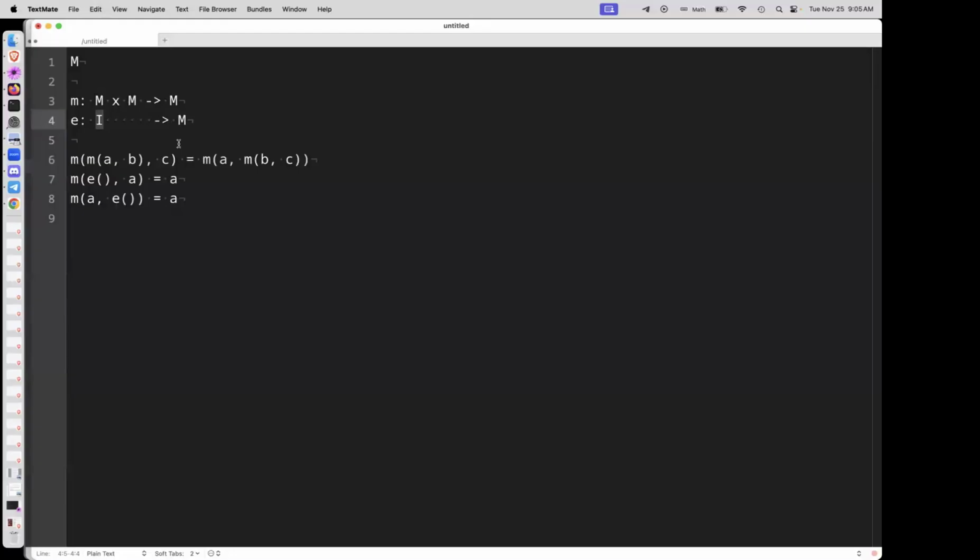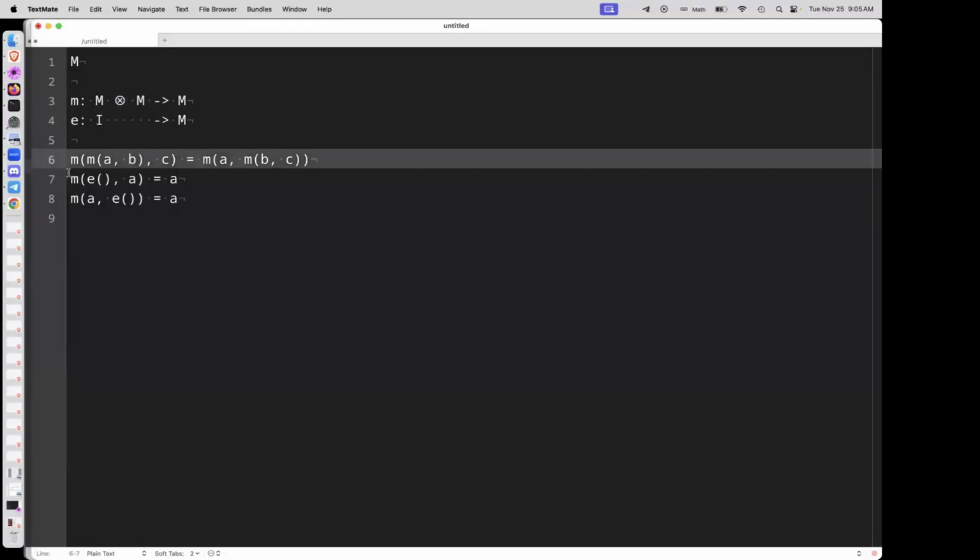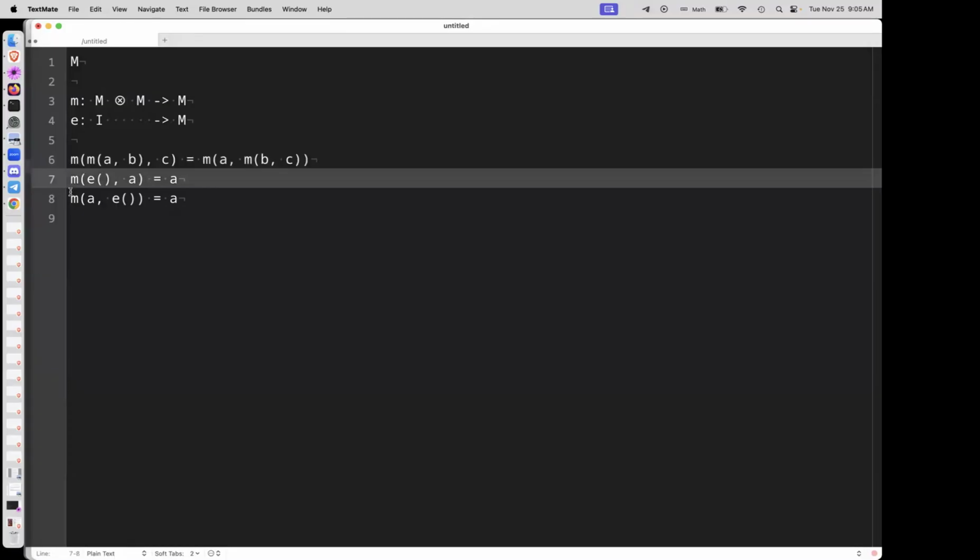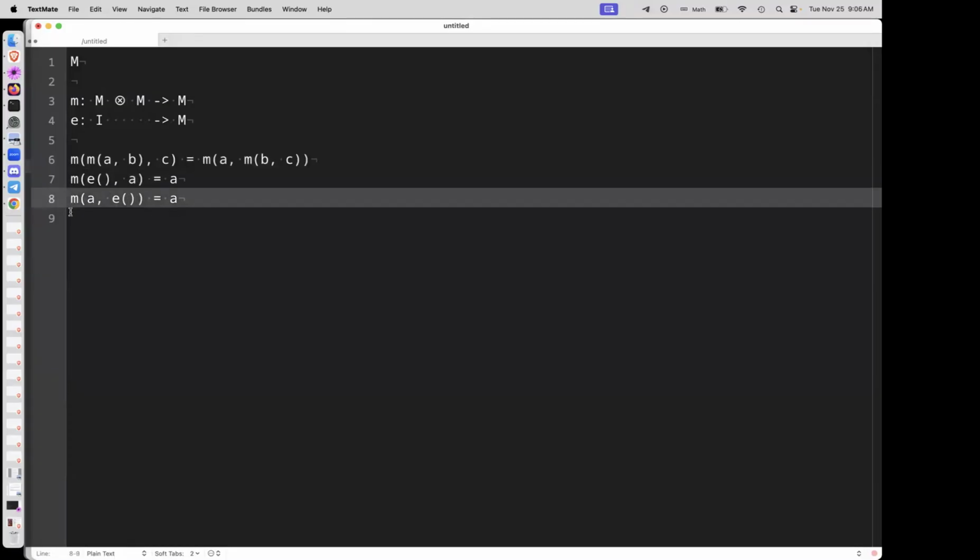But in general, we only need to be able to put them together. We don't need to be able to take them apart again. So we denote this with the tensor product. Here's the unit for that. And then we have the associativity rule, the left identity, and the right identity, left and right units.